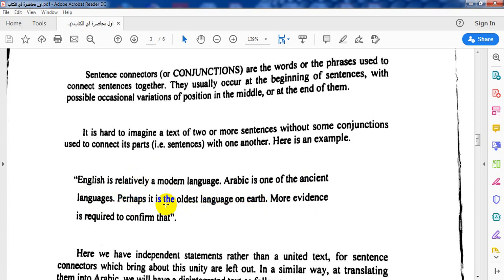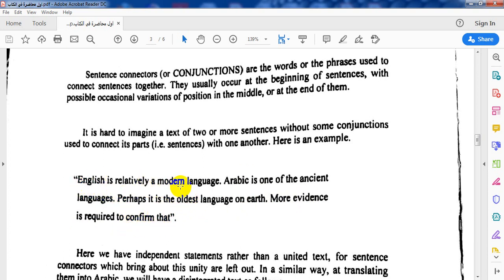It means here Arabic. It refers here to Arabic. It is the oldest language on earth. More evidence is required to confirm that.